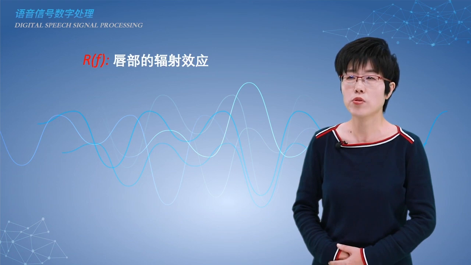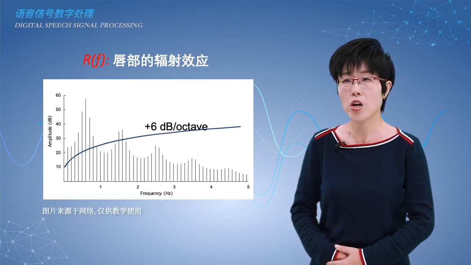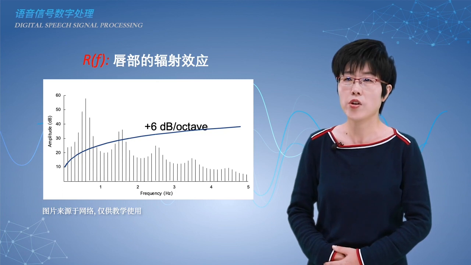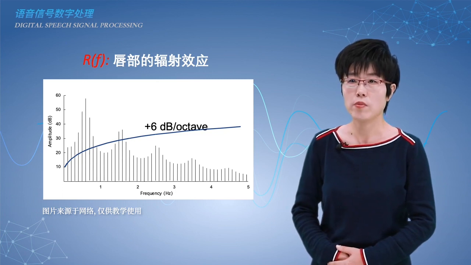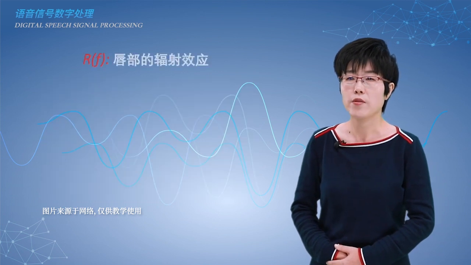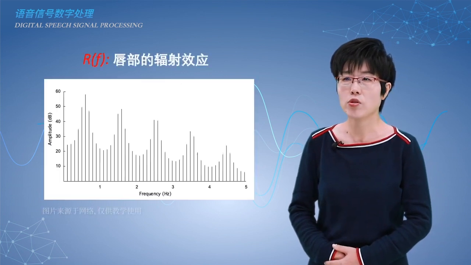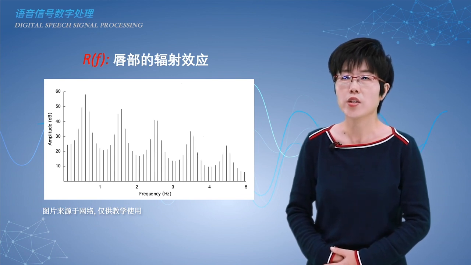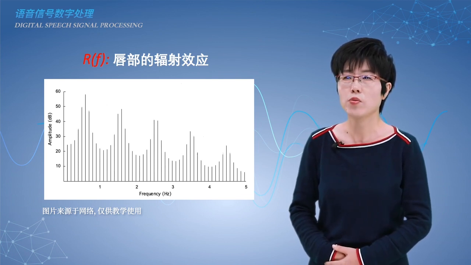According to the source filter theory, the result of source function times channel transfer function is a spectrum with harmonics and formants. Then the radiation effect of the lips boosts high-frequency components with about 6 dB increase per octave to get the spectrum of the final output.